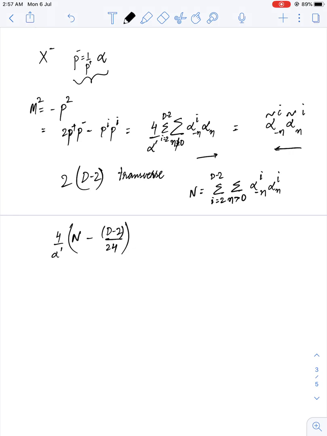Yep, that's how you get D equal to 26, if I'm not mistaken.